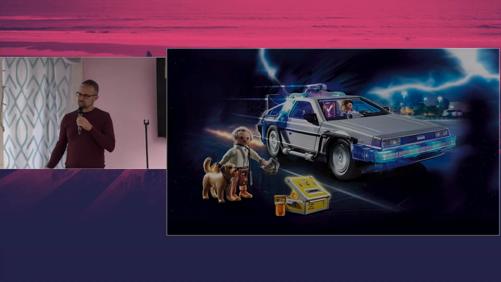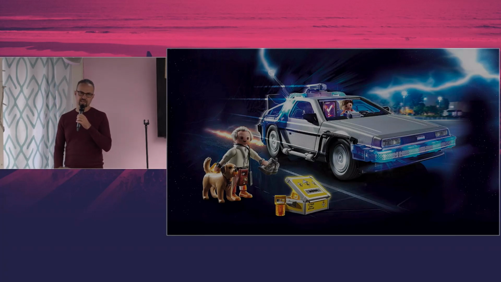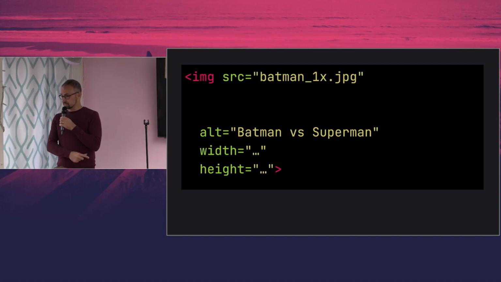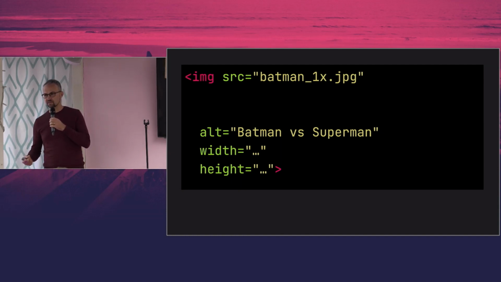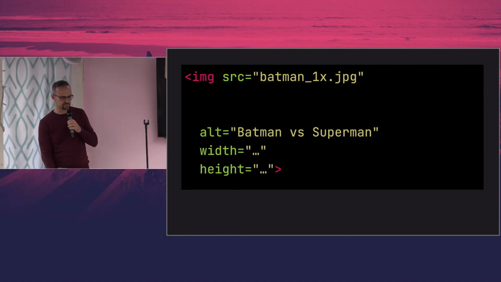Okay. So if you jump back in time, responsive images were standardized in HTML 5.1 in 2016. So it's quite some time. And this is an image, right? A regular image. I have an image tag with a source attribute and alt, width and height, which are the required attributes.